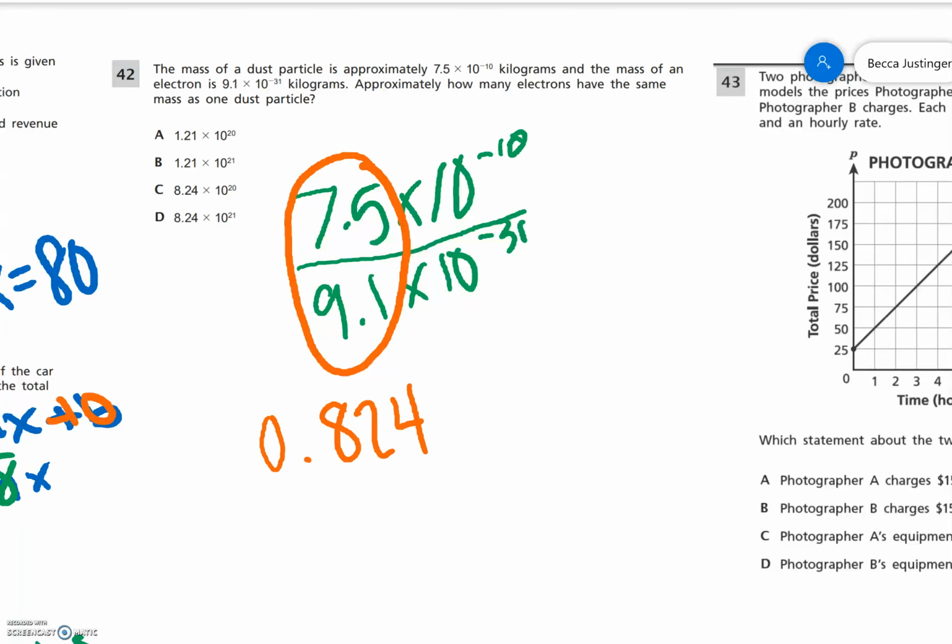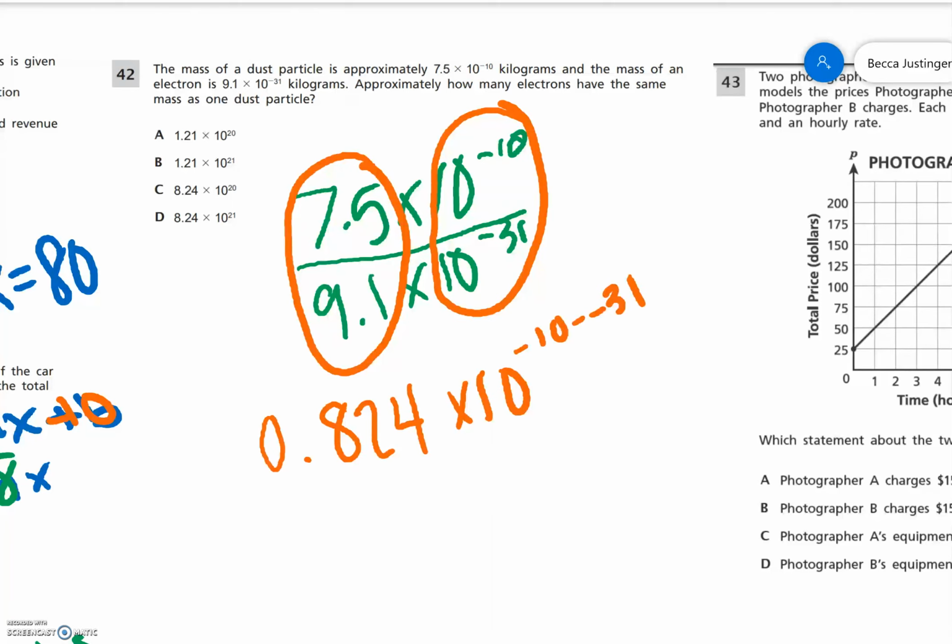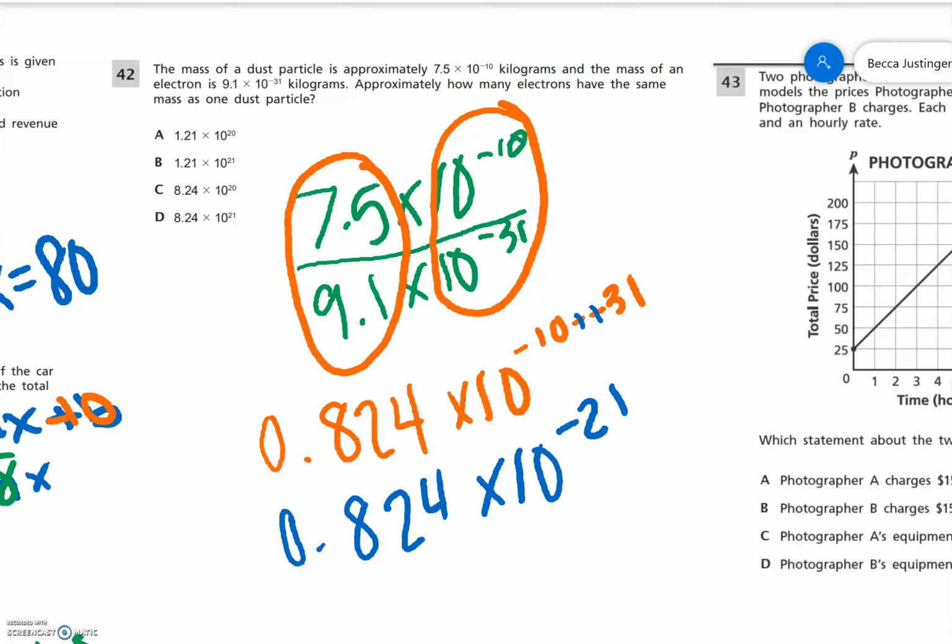0.824. And then dividing the base 10s, you keep the 10 and subtract the exponent. Negative 10 minus negative 31. You know when you have a minus negative, it turns positive. So this is 0.824 times 10 to the negative 21st power. Looking at the answers, none of those are my answers, but that's because this is not in correct standard notation.